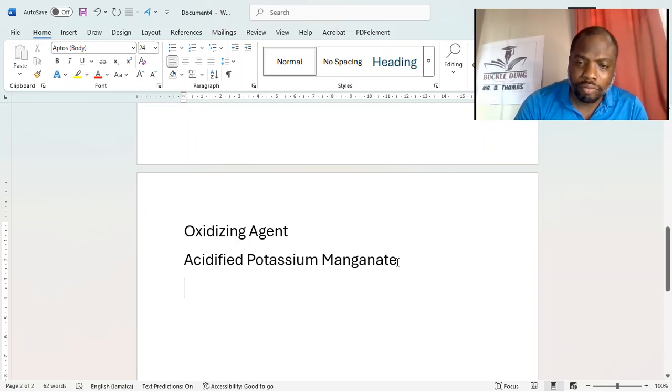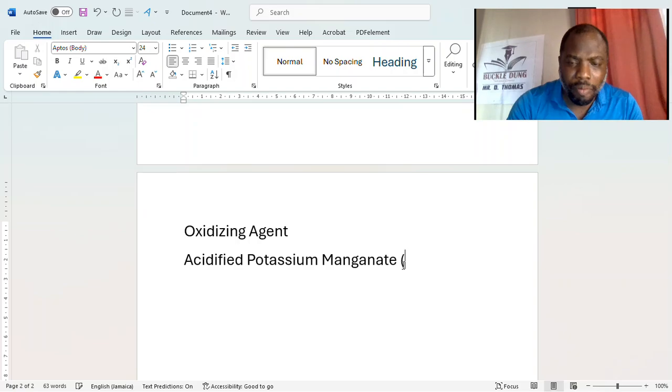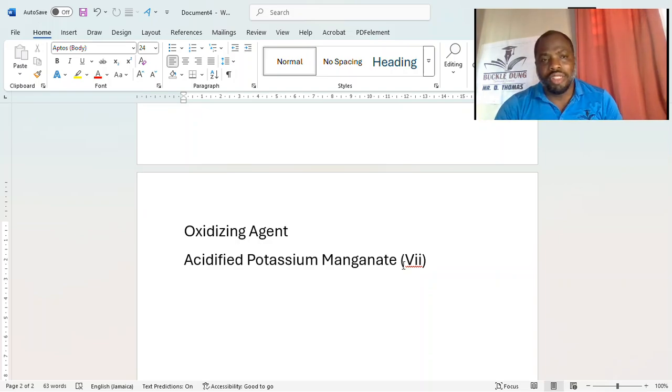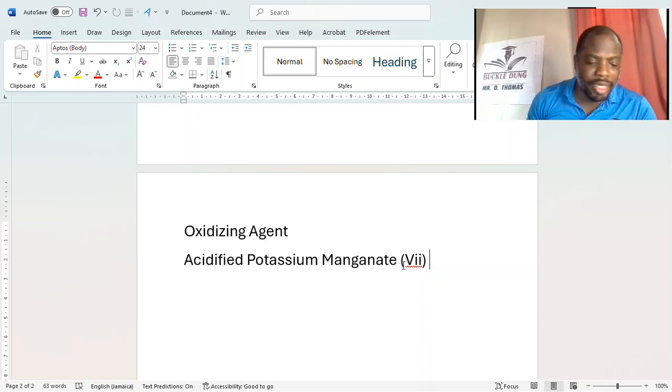Now, remember we did the whole concept of assigning or working out the oxidation state. And so the acidified potassium manganate, we put in bracket the 7, and we use Roman numerals because we want to tell persons that the oxidation state of the manganate currently is a +7. Yeah?